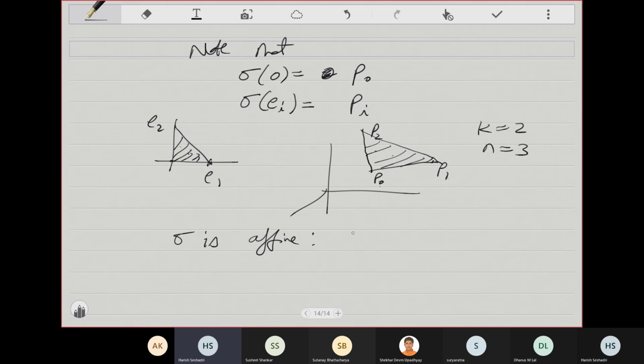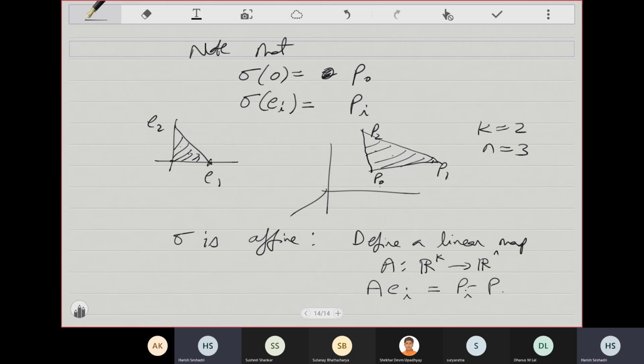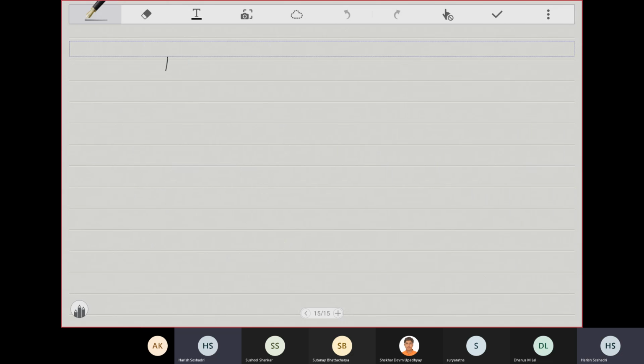If we define a linear map A from Rk to Rn by A ei equal to Pi minus P0, then sigma of the sum of alpha i ei equal to, well, what was it?